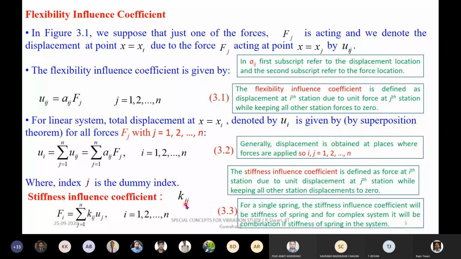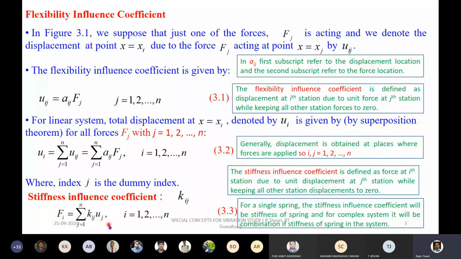So how can we define the stiffness influence coefficient here? If you see this expression, this is the force at i when we are applying displacements at different locations.